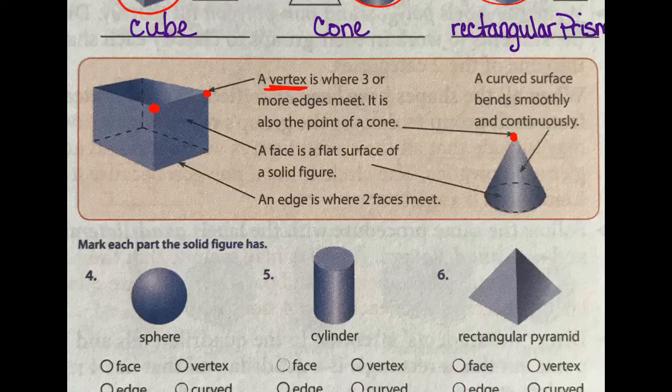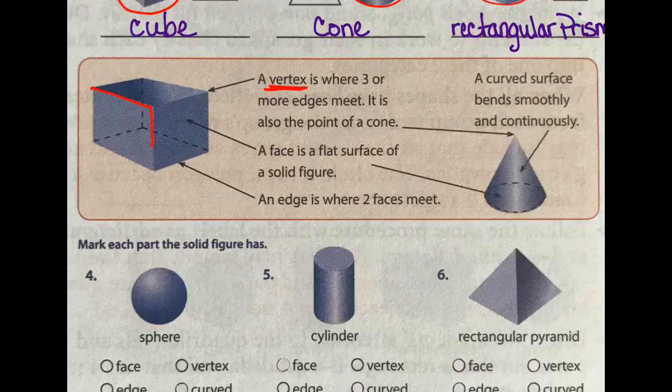All right. Now let's talk about the faces. The face is the flat surface. You can actually set it down on its face and it will rest there. So for the rectangular prism, any of these flat areas, those are the faces. There's one there.